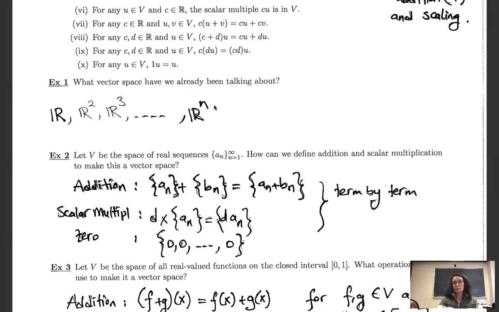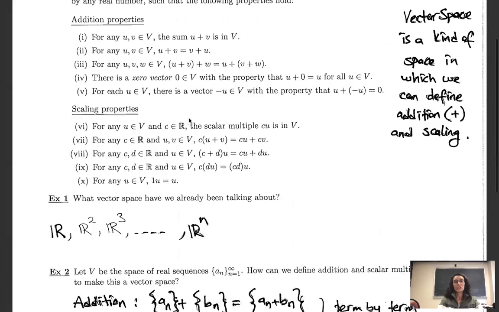Rn will be the most famous vector space actually, because in Rn, you can always define the addition and scalar multiplication by using the vector operations. For example, addition will be the usual plus operation. If you take two vectors x, y, the plus will refer to x plus y, which means just sum all the corresponding entries: x1 plus y1, comma, x2 plus y2, comma, and so on up to xn plus yn.